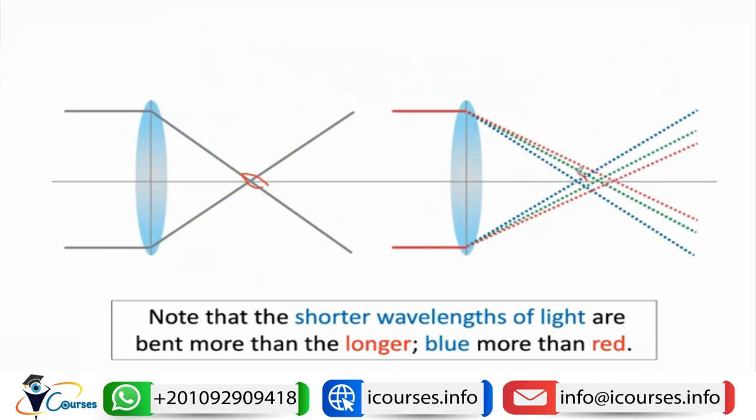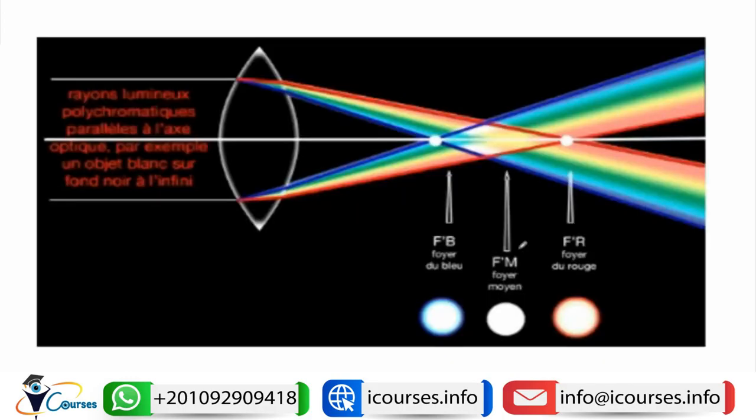The blue light will be closer to the lens, while the red will be farther from the lens, because the blue is deviated more while the red is deviated less. Again, the shorter wavelengths, or the blue colors, are bent more, while the longer wavelengths like the red are bent less. So the blue is deviated more than the red.